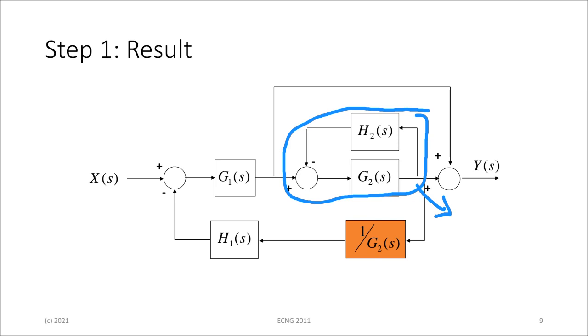So you can now simplify that, and that is going to be G2 over 1 plus G2H2. There's negative feedback, so that's plus, right? Negative feedback, very good.